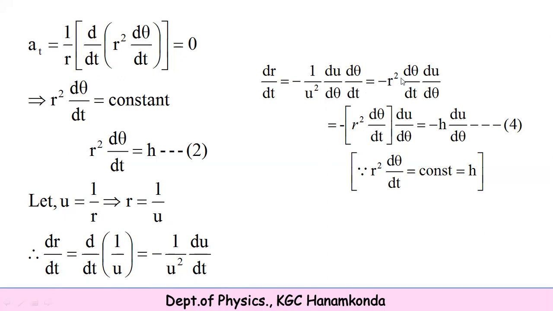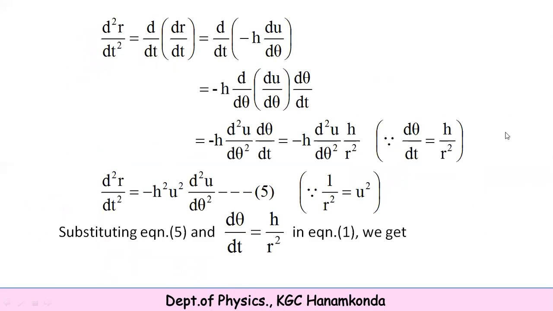Just rearranging that, and you know that 1 by u is r. Therefore, 1 by u square is nothing but r square. Therefore, minus r square into d theta by dt into du by d theta. But r square into d theta by dt is nothing but the constant h. Therefore, minus h into du by d theta. So, dr by dt equals minus h into du by d theta. Say this as equation 4.